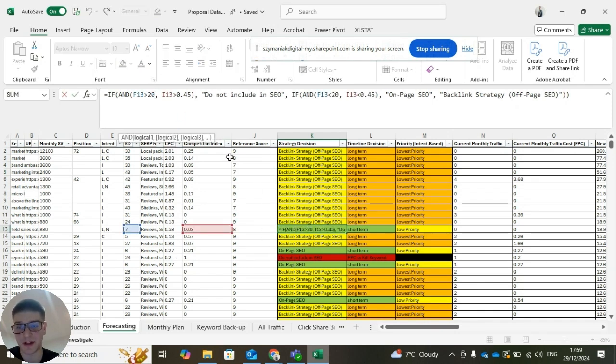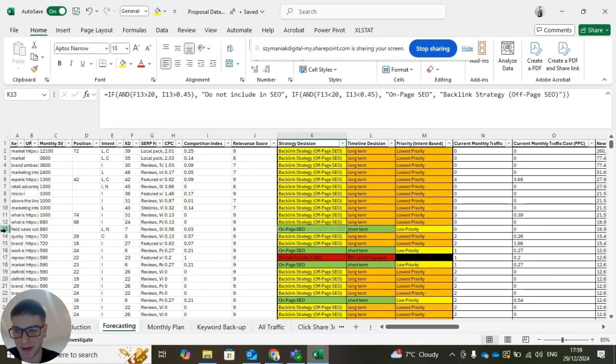If a keyword difficulty is lower than 20, for example 7, and the competition index is so low, 0.03, I said on-page SEO because first of all, if that client is running a Google Ads campaign, they might optimize for that, and the keyword difficulty is low. So I'm showing that on-page SEO for this particular query would be relevant in this case.